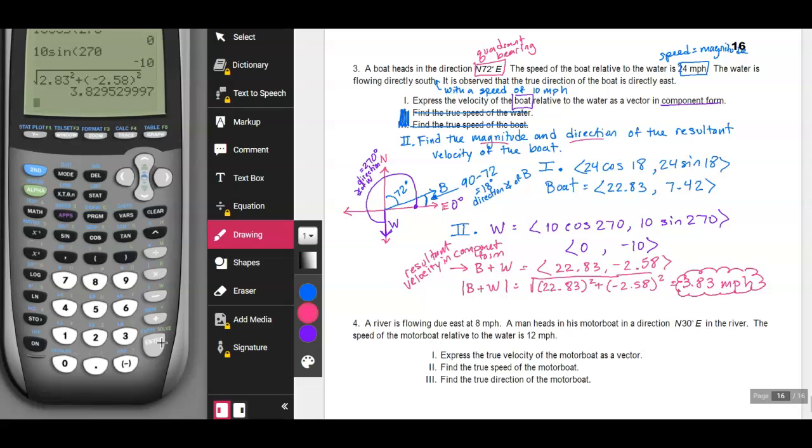And then we find our direction angle. Oh my gosh. Do you guys notice something I did wrong? Or are you just rolling with it? I typed something in wrong. I missed it too.